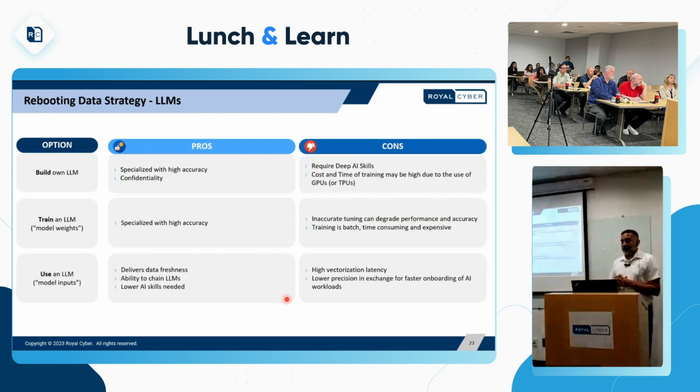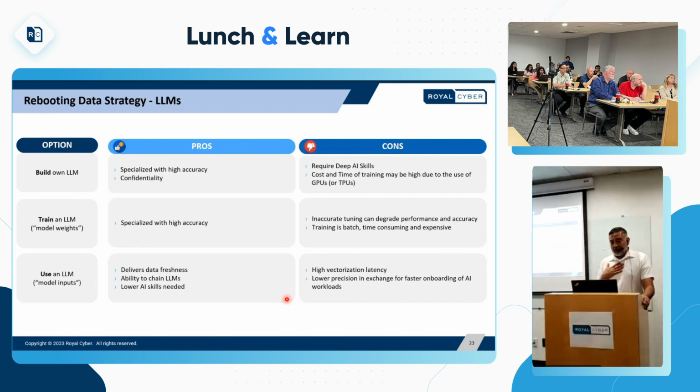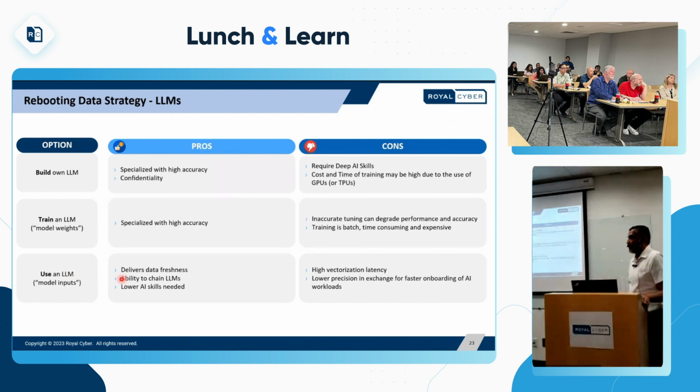So how do I do that, keeping in mind I don't want to share my question or my data with anybody, and I want fresh data? So all of those business requirements. For me and for most companies, I think this third option is the one I want to go with.